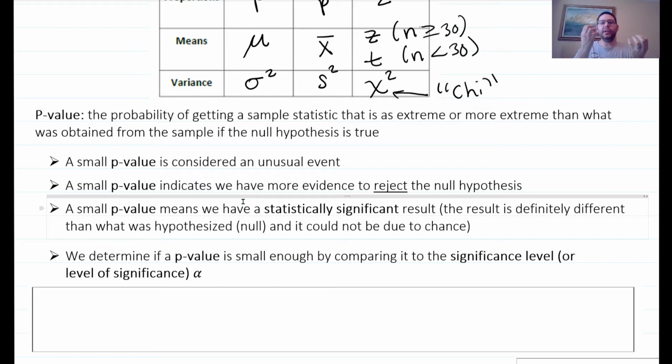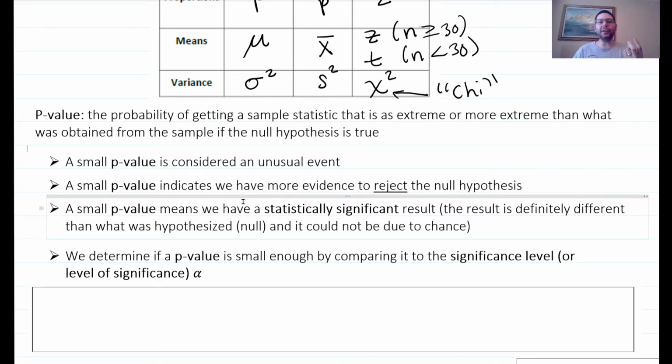The 190 pounds is basically your null hypothesis value, so it's equal to. So you want to compare those 190 pounds and 170 pounds. Are they statistically significantly different? We don't know until we calculate the test statistic and find the p-value.